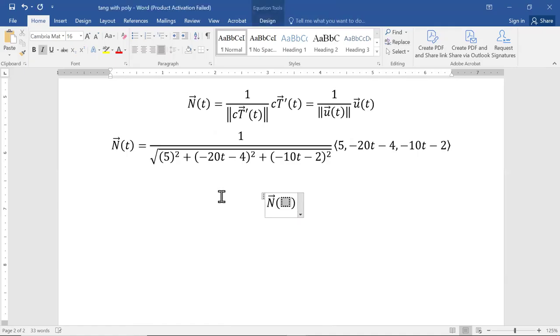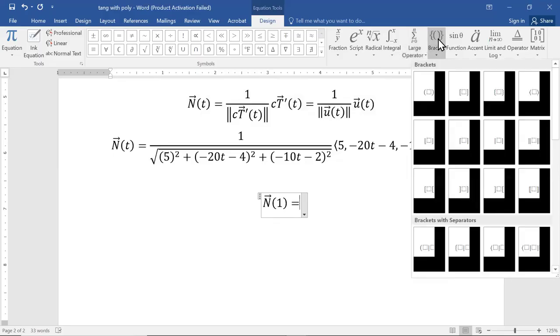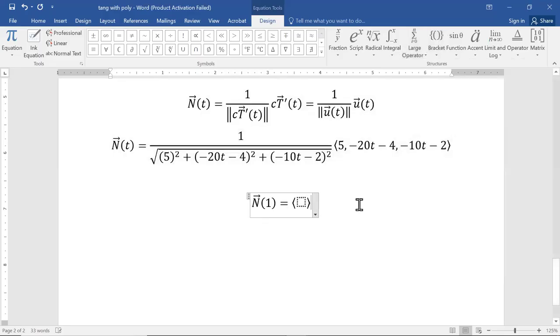All right, last thing, we said we were going to find what's going to happen at 1. Well, at 1, let's do this vector calculation first. We're going to get 5, -24, -12.